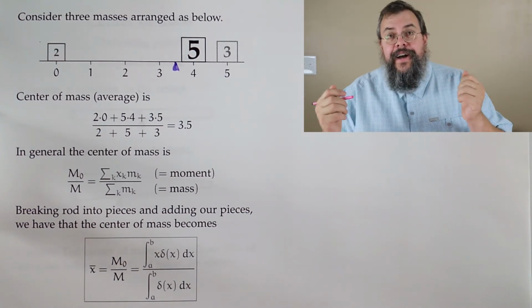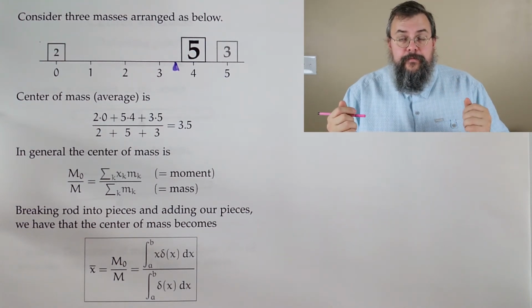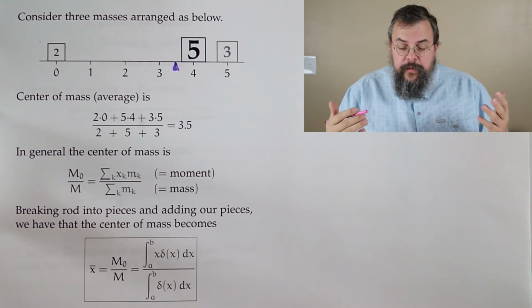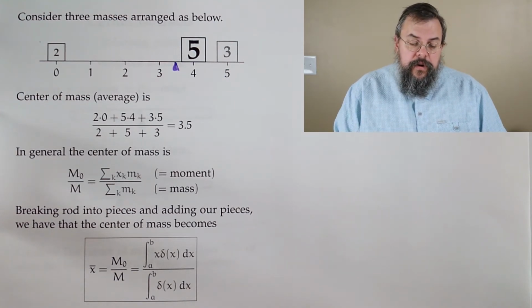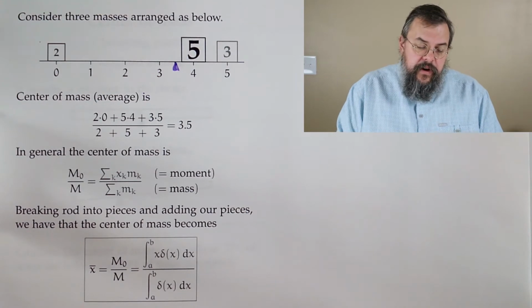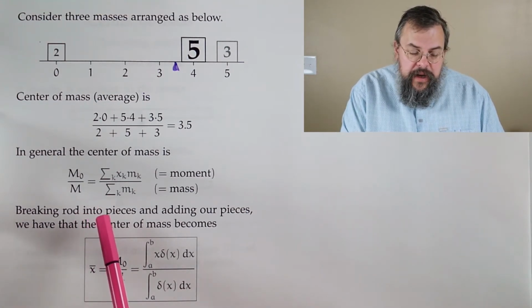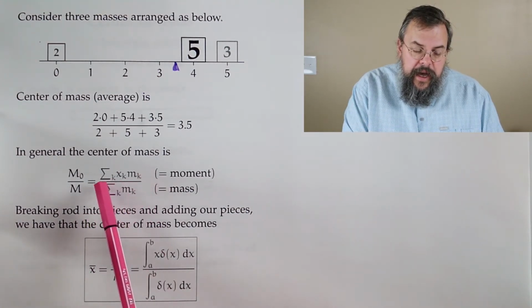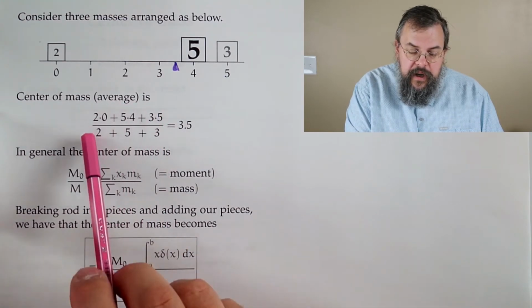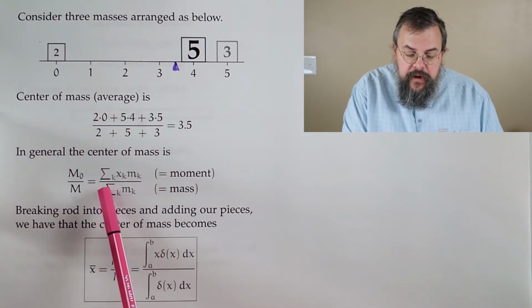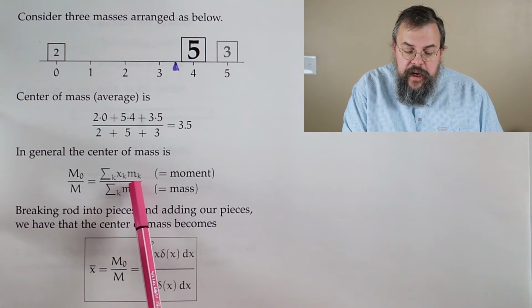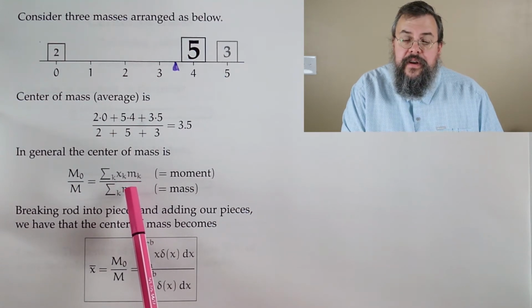So how do we actually do it? Well, it's a very similar process as before. We're going to say that the center of mass is, we add up on the top, as we have here, the sum of location times the mass at that location.